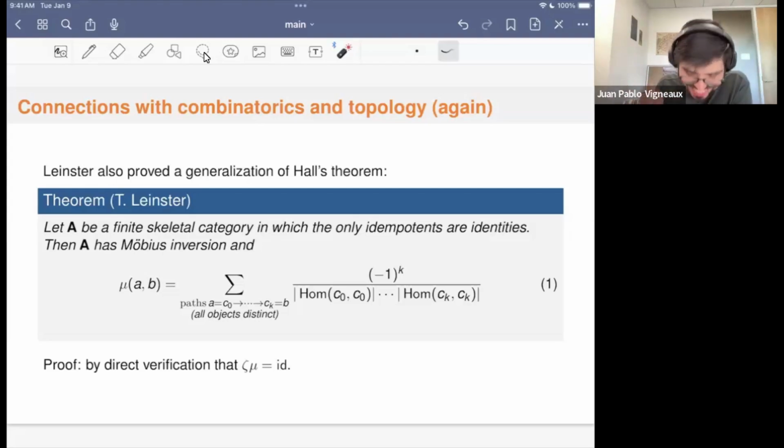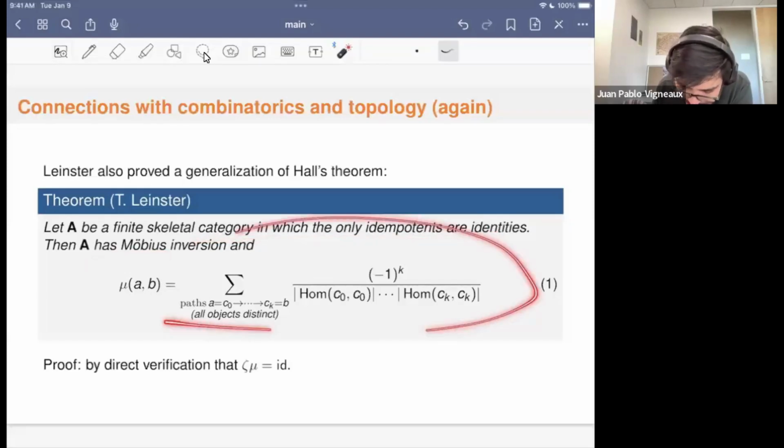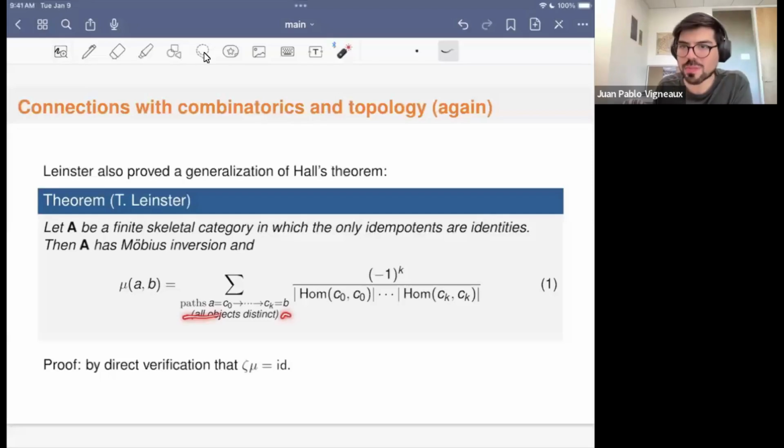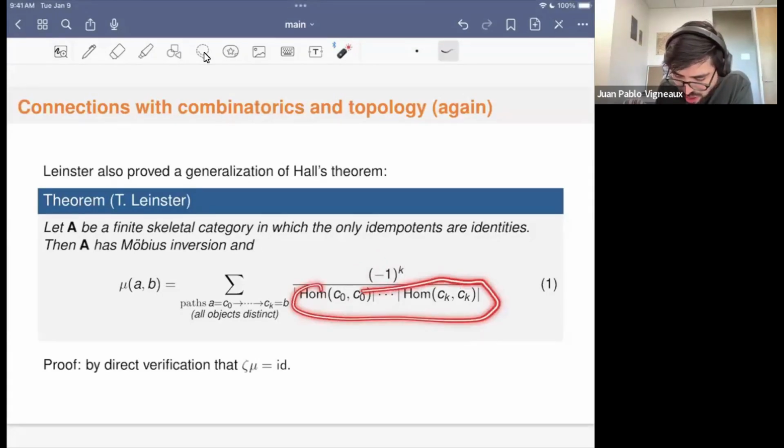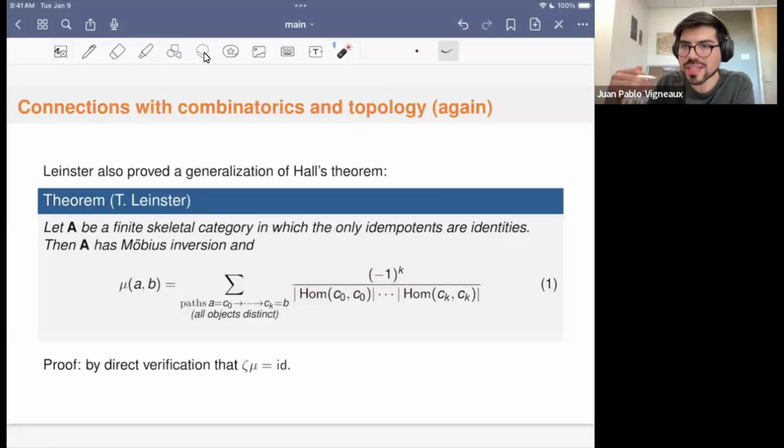And yeah, you're going to see briefly that this is very important, but under these conditions he proved that A has Möbius inversion, and there is this explicit formula for what the inverse should be. So it's a sum over paths, pretty much as in Hall's theorem. It's also alternating, but now there is this additional factor that you have to add. You have to normalize by the automorphism group of the path, if you want.